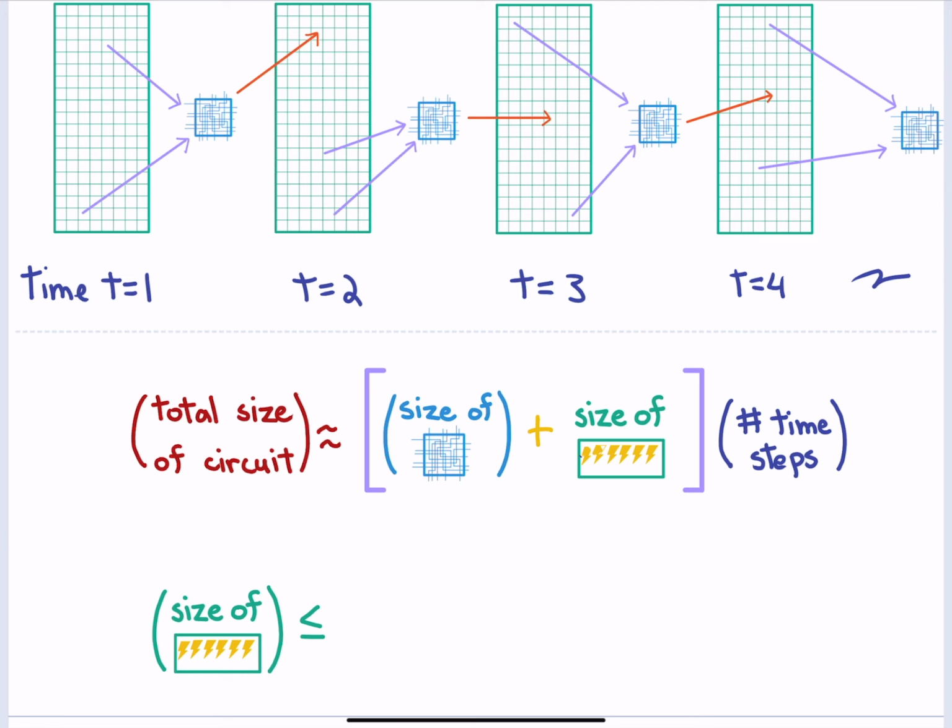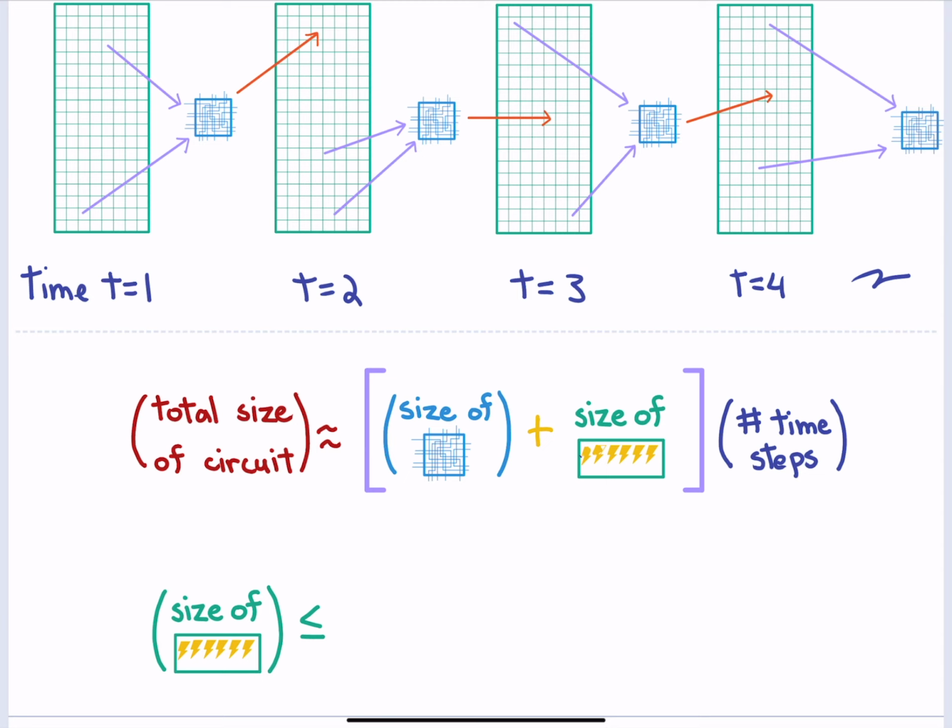Well, the circuit might be, I mean, the CPU is some constant size, but the RAM can be very big, right? It's sort of a weird question, but does the question make sense?